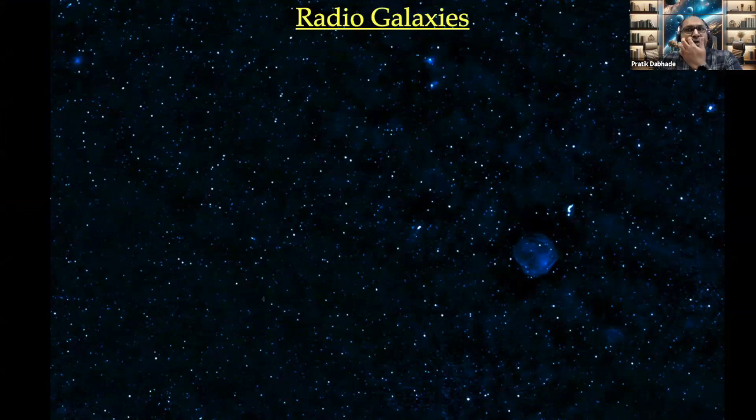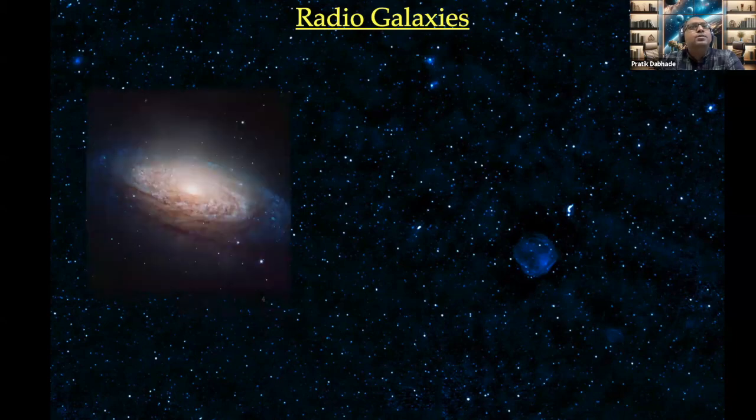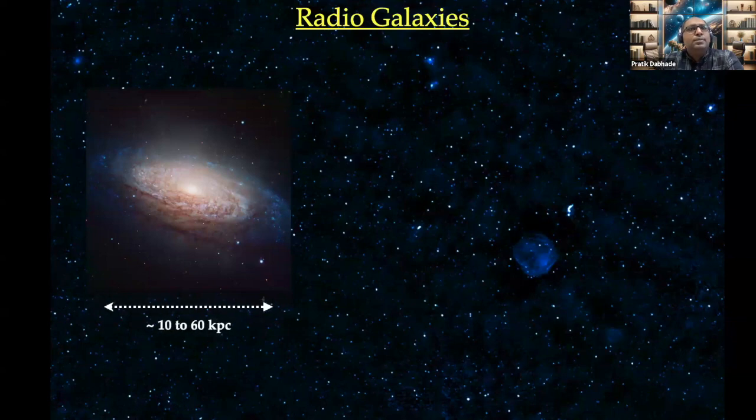So before I dwell into the topic, let's go through some basics of radio galaxies. Some of you may be aware, some of you may not be aware. So this is how a typical galaxy looks in optical, which spans around 20 to 60 kiloparsec, depending on the morphological type.